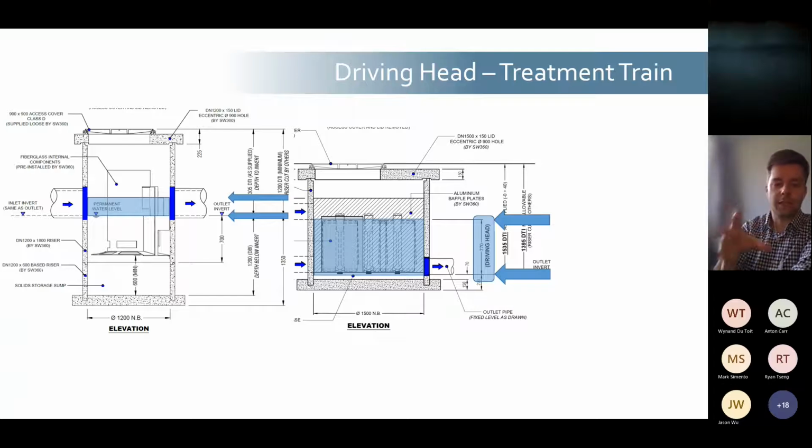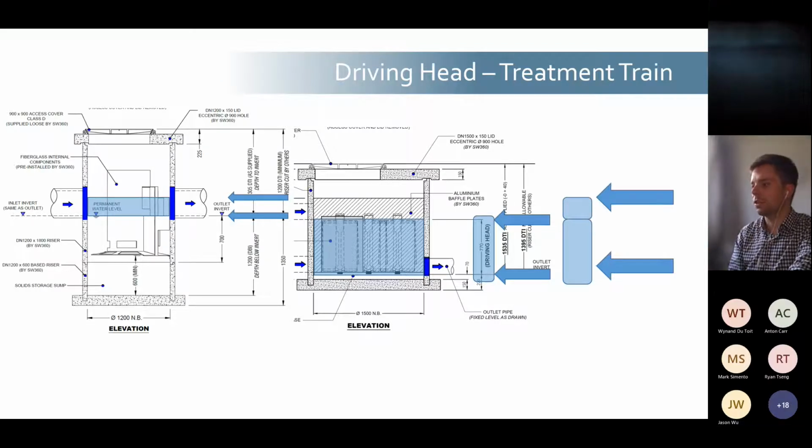Otherwise, the treatment flows of the Cascade will be compromised. So we've got the driving head of the StormFilter and the Cascade, and then that combines to have a compound driving head, if you like, for a treatment train.